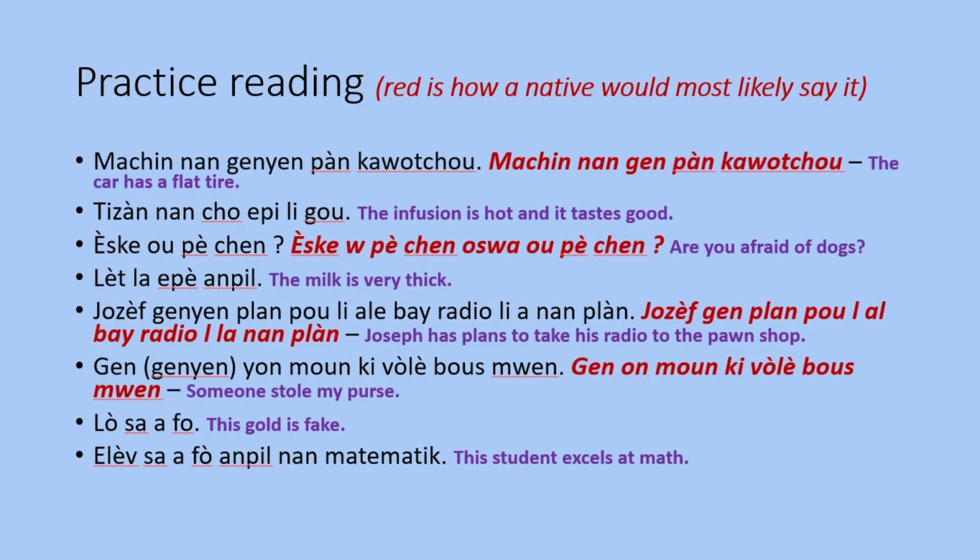And then the second E has the accent, so it has the short E sound. Épais. If you want to write "épais" for thick, like you want to say the milk is thick.